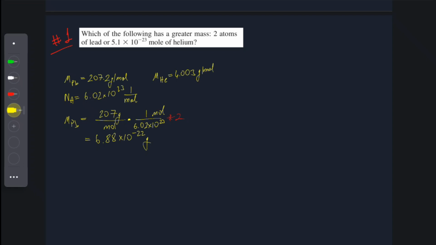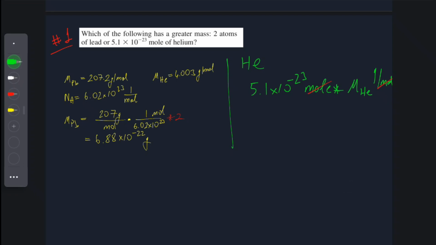Similar calculation should be done for the helium. So there are 5.1 times 10 to minus 23 mole of helium. We know the molar mass of the helium, since it is gram per mole. If we multiply it, moles will cancel, and we will know the mass of the helium.